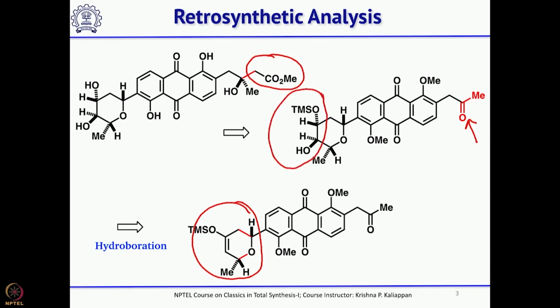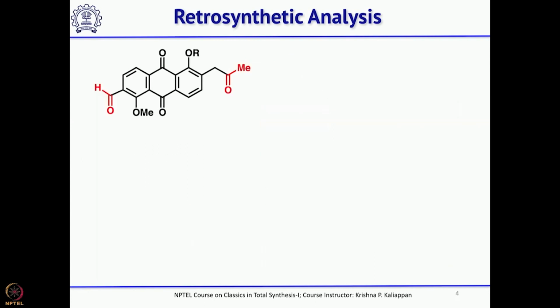Hydroboration oxidation. Already there is an enol TMS. One more hydroxyl group was introduced using hydroboration oxidation. And as I mentioned, this particular dihydropyran unit was made through hetero Diels-Alder reaction.